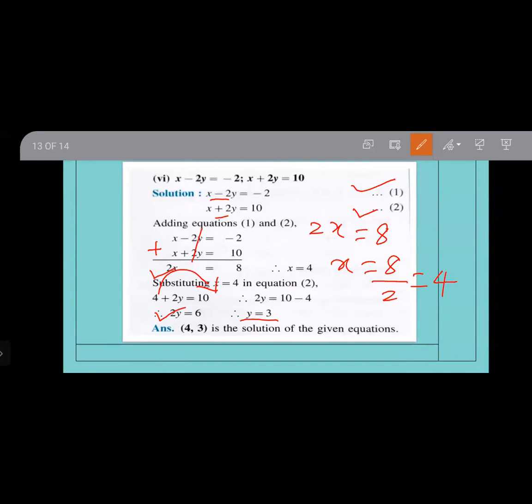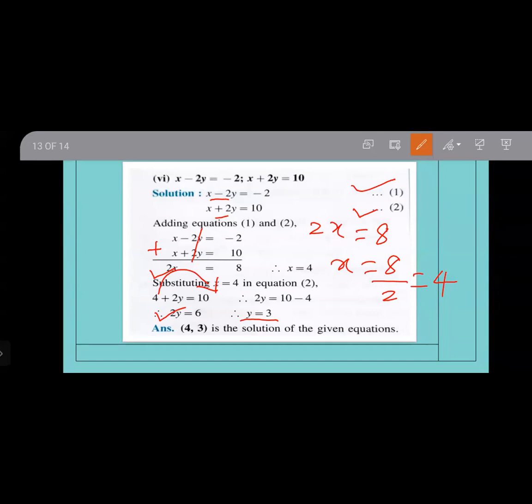Anyhow, students, you should know how to solve an equation in one variable first. That is the basic thing. If you don't know how to solve an equation in one variable, you cannot go for two variables. Because in two variables also, in each and every sum, there are steps where you will come across an equation in one variable.